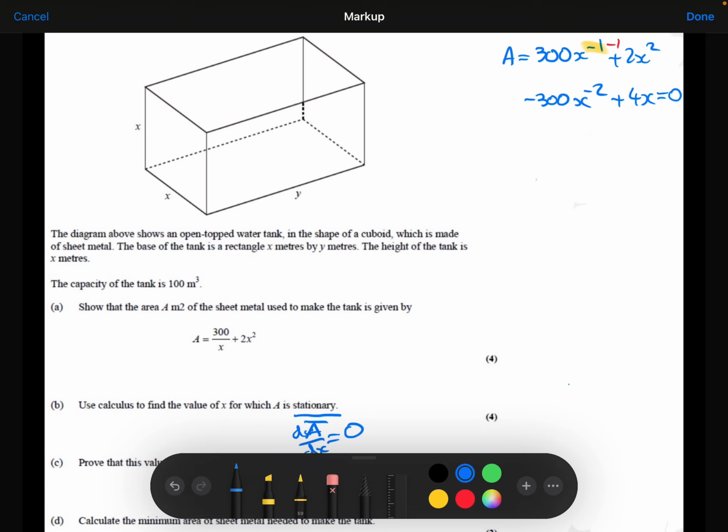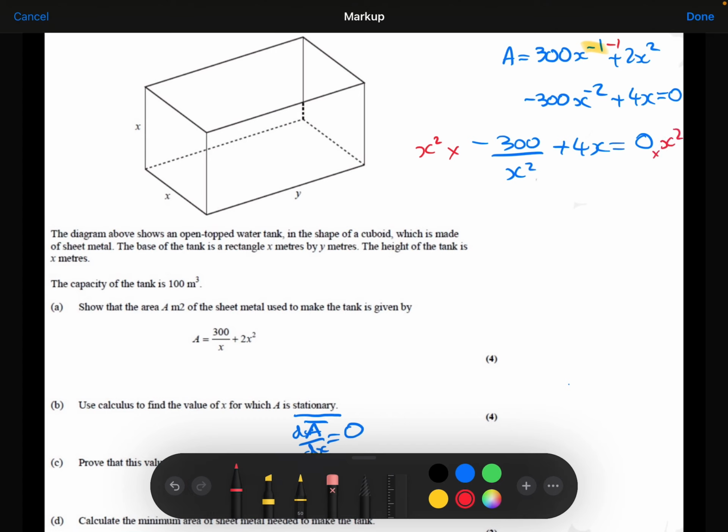Now, in order to solve this equation, I don't particularly like this x to the power minus 2 there. So I'm actually going to rewrite this as minus 300 over x squared. And by doing that, that makes it a little bit clearer what my method is going to be, because now I can see that I'm going to multiply both sides of this equation by x squared.